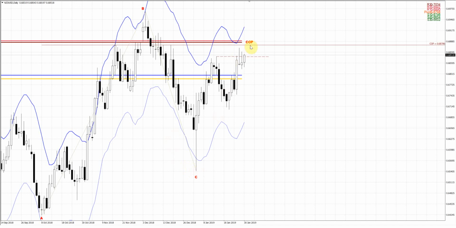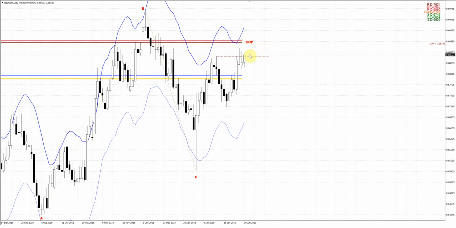It will be 68.78, very close to 69. So the market is not that overbought, and it could easily reach this area. The only resistance that we have is the double pivot resistance, monthly and weekly pivot resistance at the same point, the same as the fib levels. So that will be the destination point, the target for the New Zealand dollar within a few sessions.